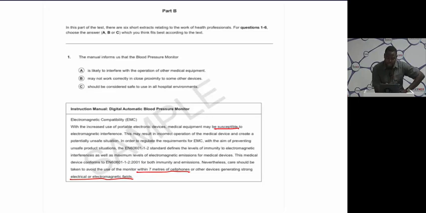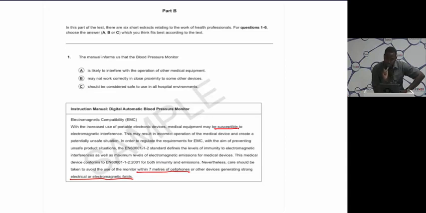Now, option A says the manual informs us that the blood pressure monitor is likely to interfere with the operation of other medical equipment. Did it say anything like that? It says this may result in incorrect operation of a medical device and create a potentially unsafe situation. Not really. It doesn't say the monitor might interfere with the operation.